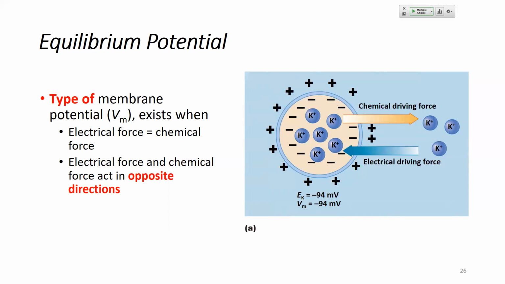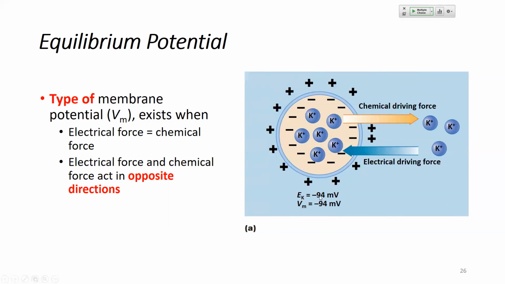So the equilibrium potential is usually standard for a specific ion. So for example, in this scenario, the equilibrium potential of potassium is negative 94 millivolts. But then the membrane potential is also negative 94 millivolts. And because of this, they will cancel out. There will be no net movement.